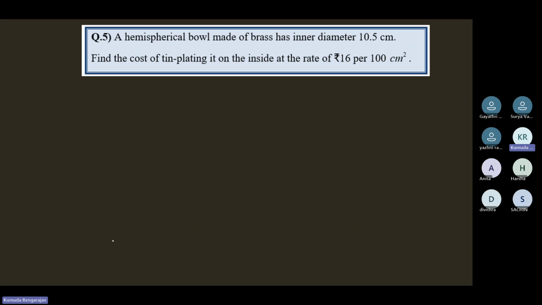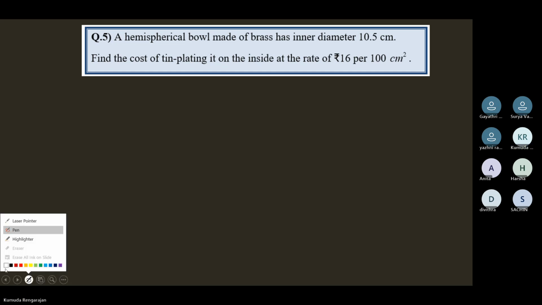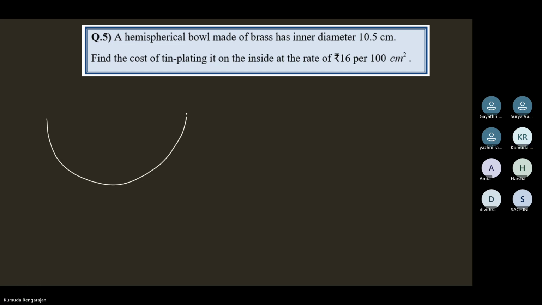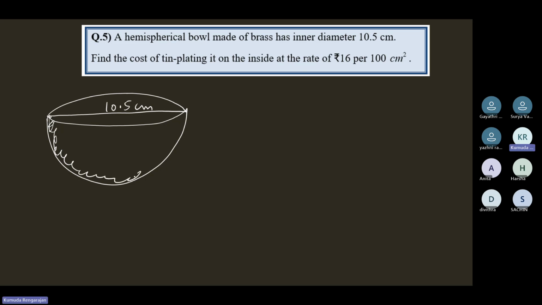A hemispherical bowl made of brass has inner diameter 10.5 centimeters. Hemispherical bowl. Inner diameter. Find the cost of tin plating it on the inside. You want to tin plate it inside. It's a kind of silver color coating, so that when you cook, the food does not get burnt.